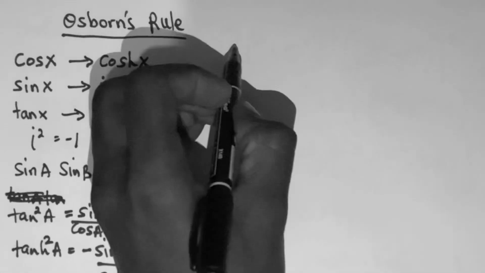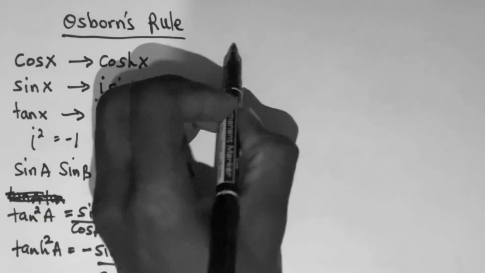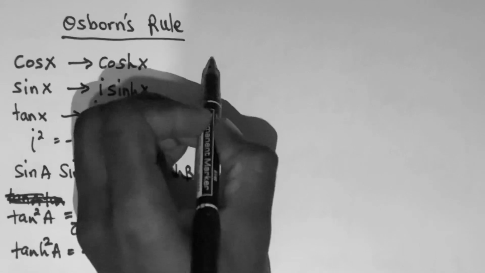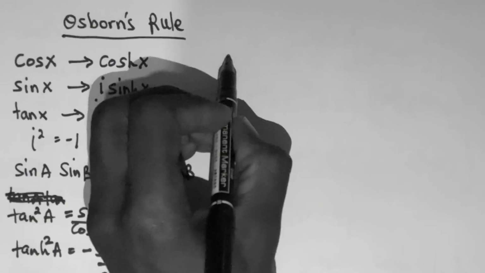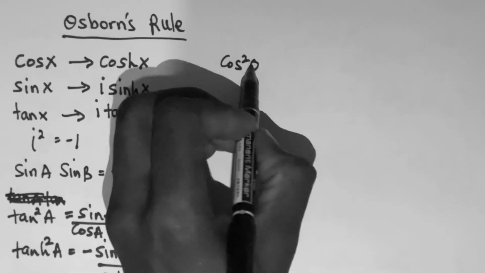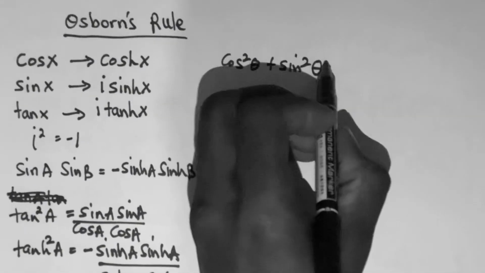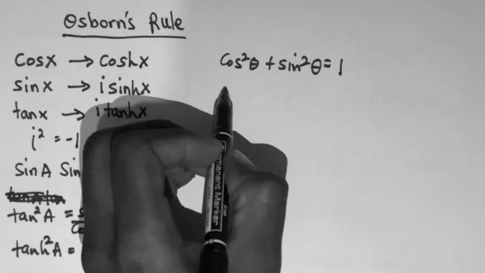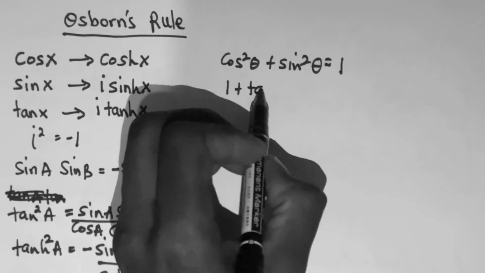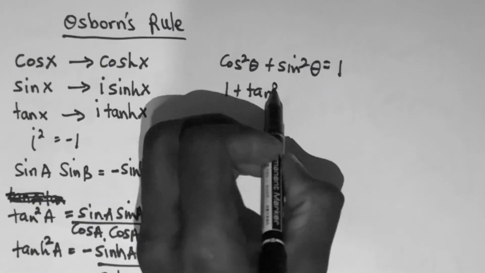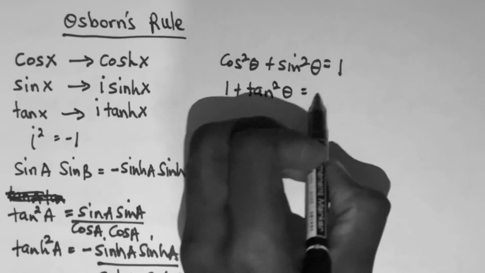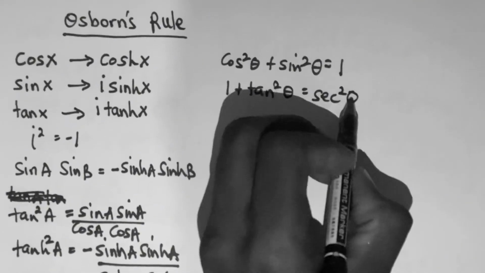Now let's write the trigonometric identities. We know that from trigonometry, cos squared theta plus sine squared theta is equal to 1. And then we also know that 1 plus tan squared theta is equal to sec squared theta.